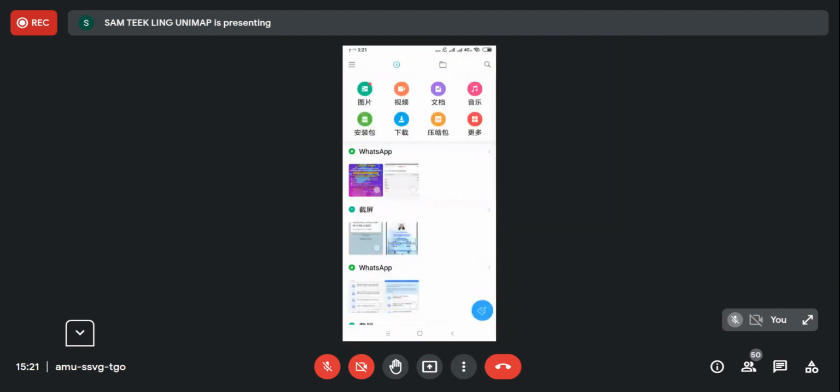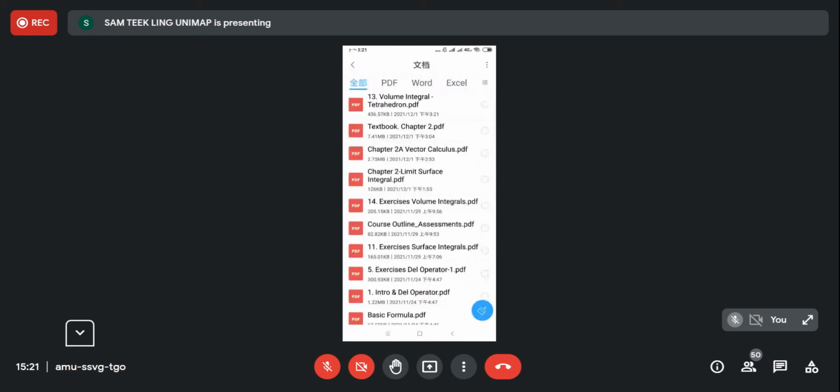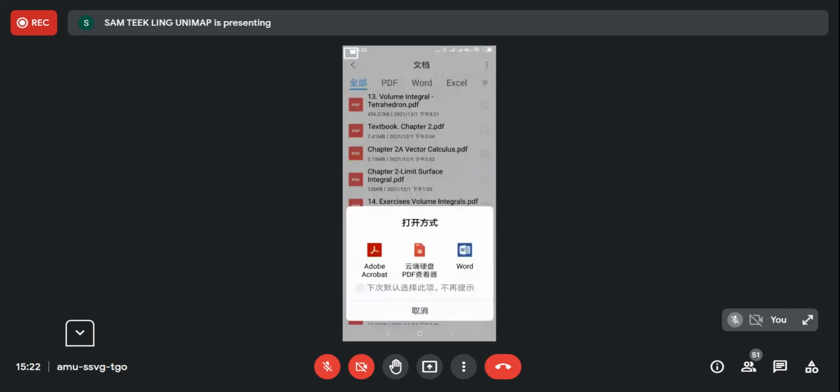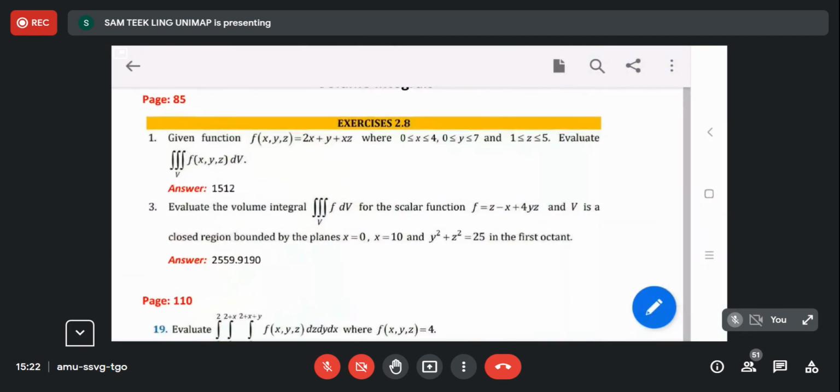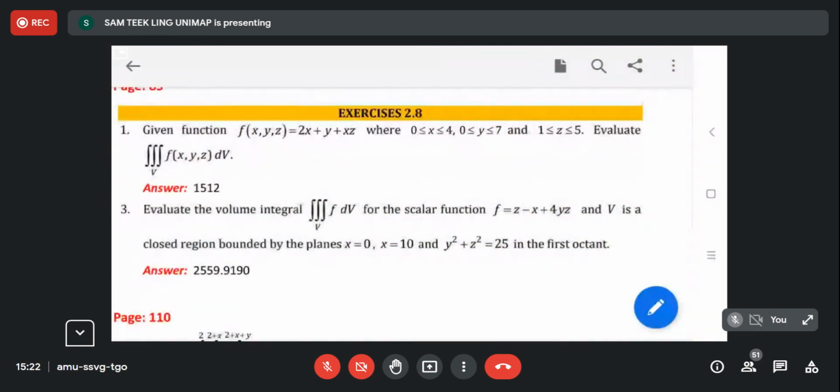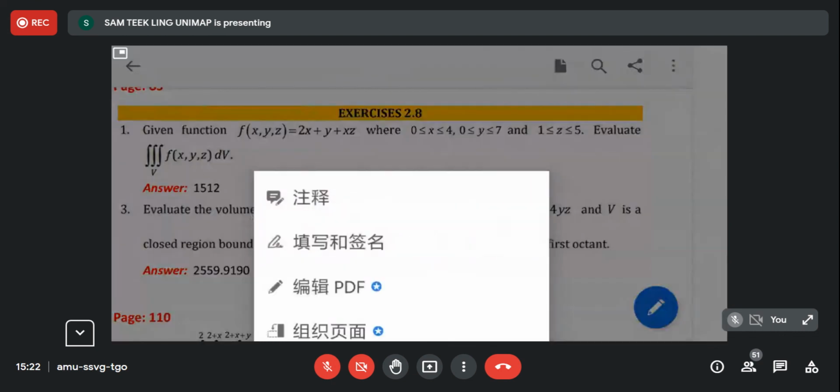So for this one, you got 1 exercise, the volume. You need to change to polar coordinates. Question 3, exercise 2.8, you need to change.